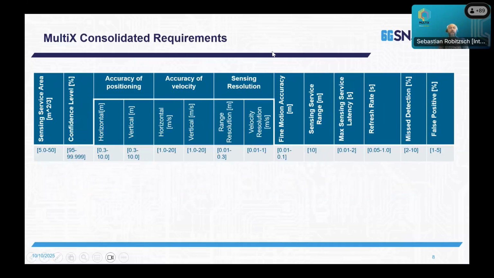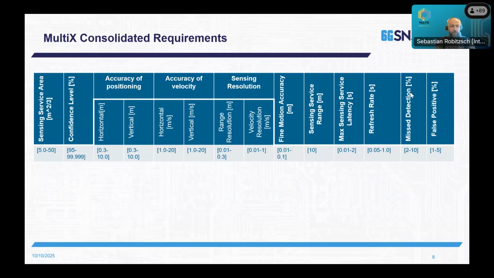We are essentially following what both the 6G-IA ISAC group as well as 3GPP SA1 are doing. We are consolidating both functional as well as performance requirements. As this deliverable is only due by the end of November, I can only share with you at the moment the performance requirements that are already consolidated. That is what you will find in group report 1 of the ISG as well as in 3GPP SA1, the consolidated table.